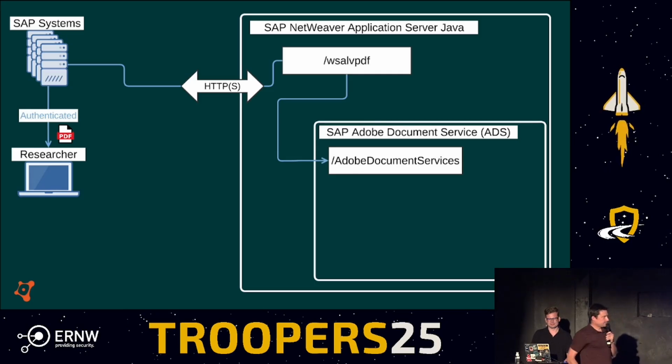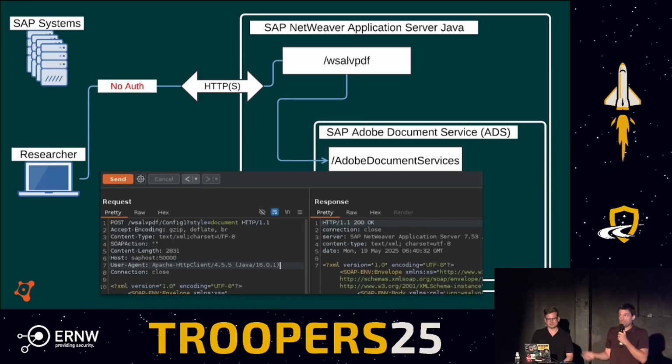All right. The first finding. Just imagine we are on the first day, we sniff what's happening from all the communication. And the first thing we find is that there is no authentication for the communication to the web services. It means, as a researcher or an attacker, I can directly communicate with these web services. And what kind of data do you need to send?